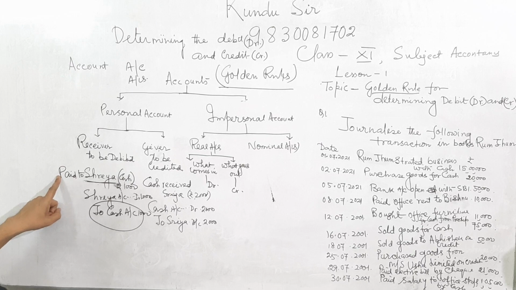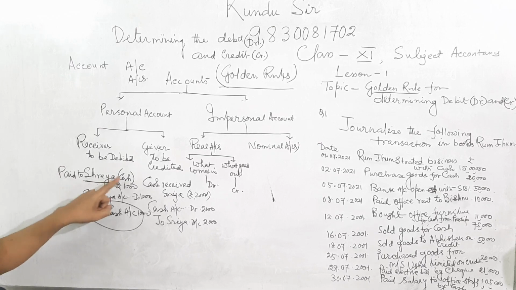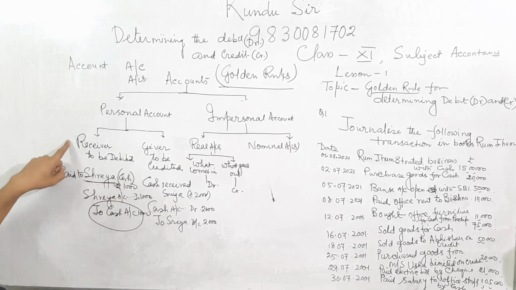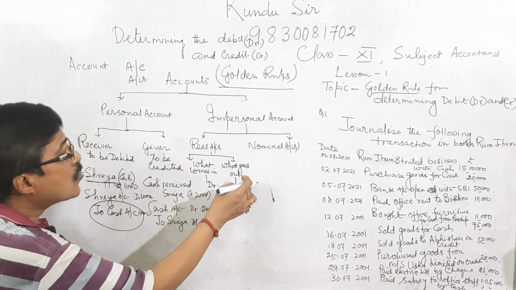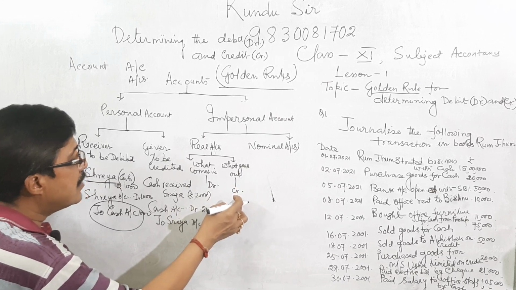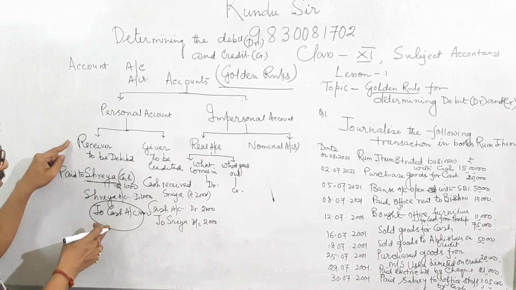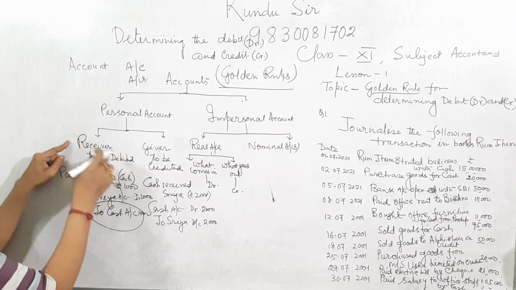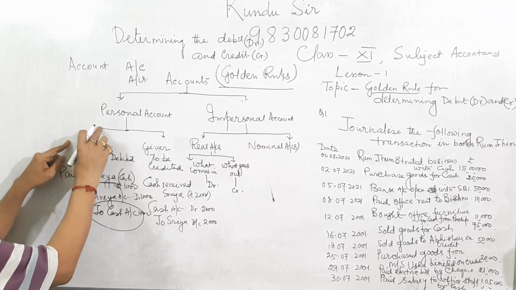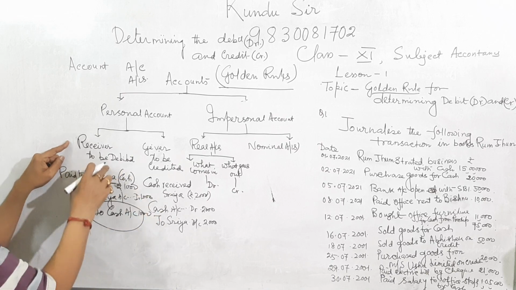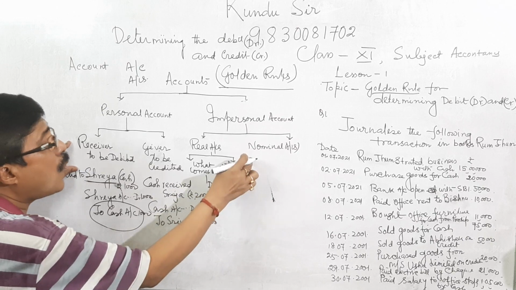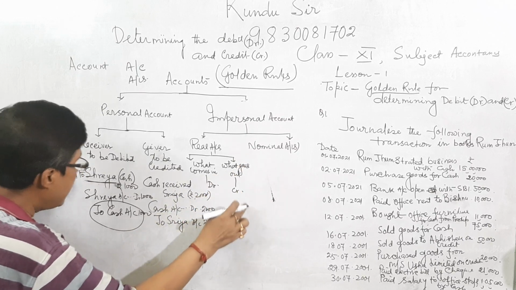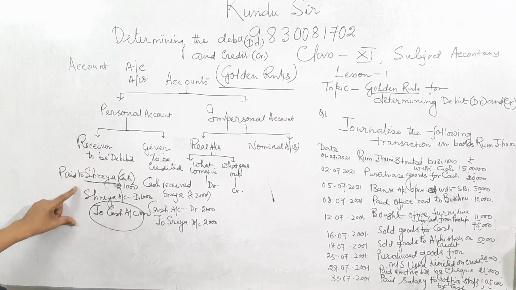First case, paid to Shreya cash 1,000. Shreya is the receiver and cash goes out from us. Shreya is the receiver, a personal account, and we are giving cash, a real account, and what goes out is to be credited. So first entry: Shreya account debit to cash account.